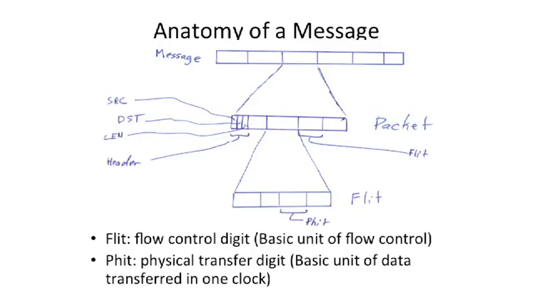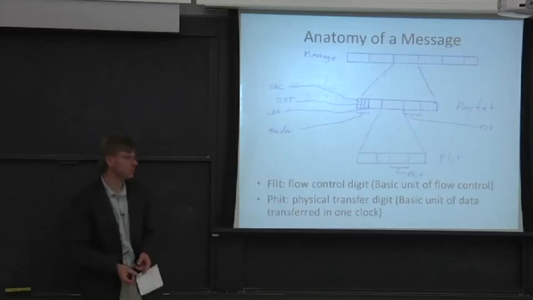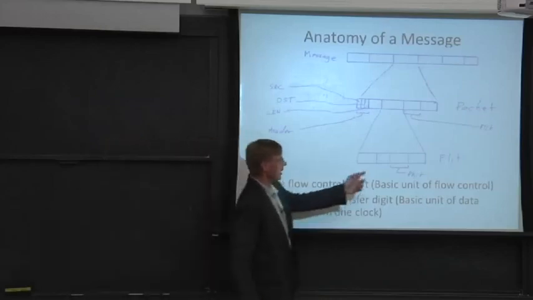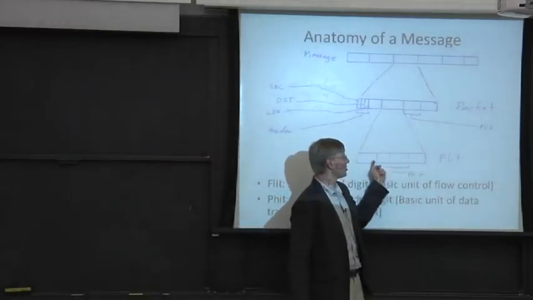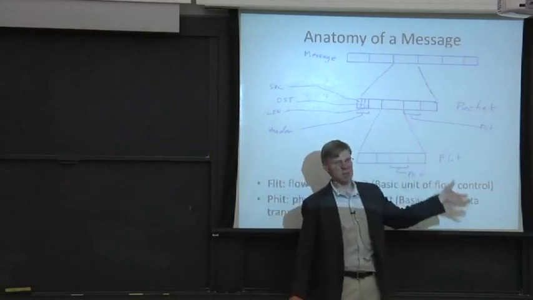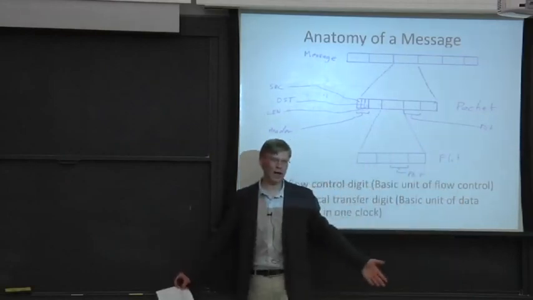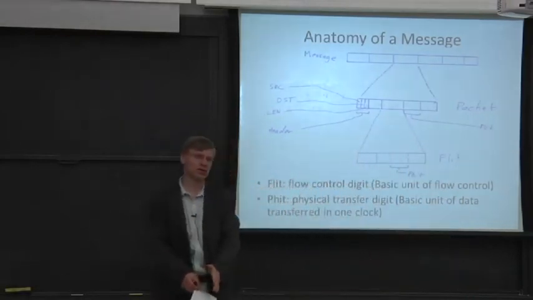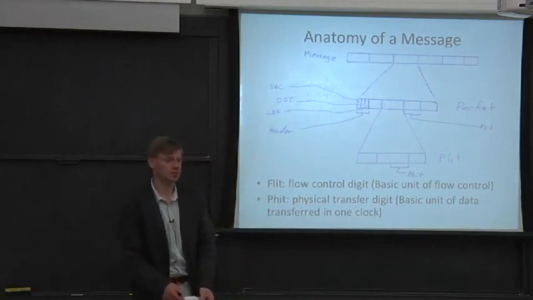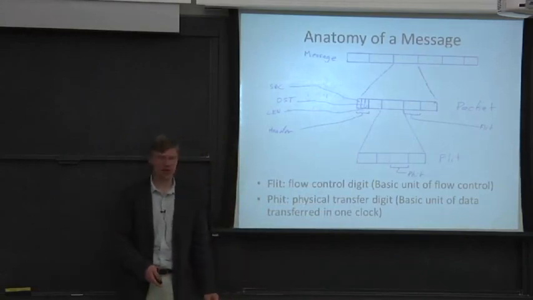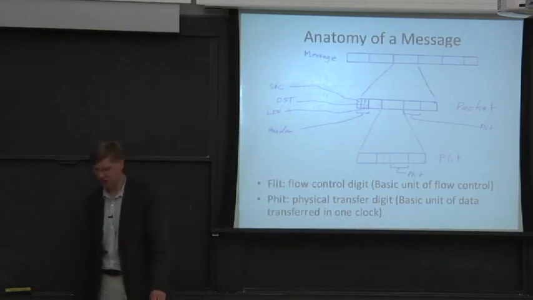Each of those bytes is a fit, or the physical transfer that you transfer in one clock cycle. Many times, the fit and the flit will be the same if you have wide networks. But if you have very narrow networks, sometimes these will not be matched. OK, so that's just a nomenclature so far.